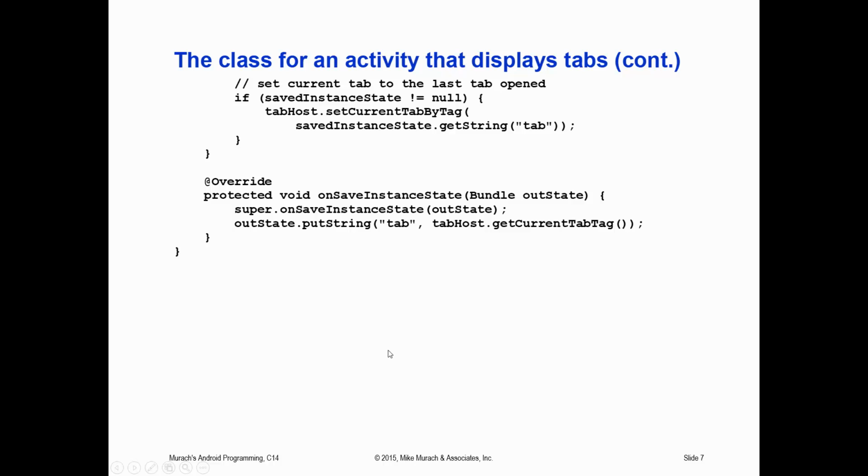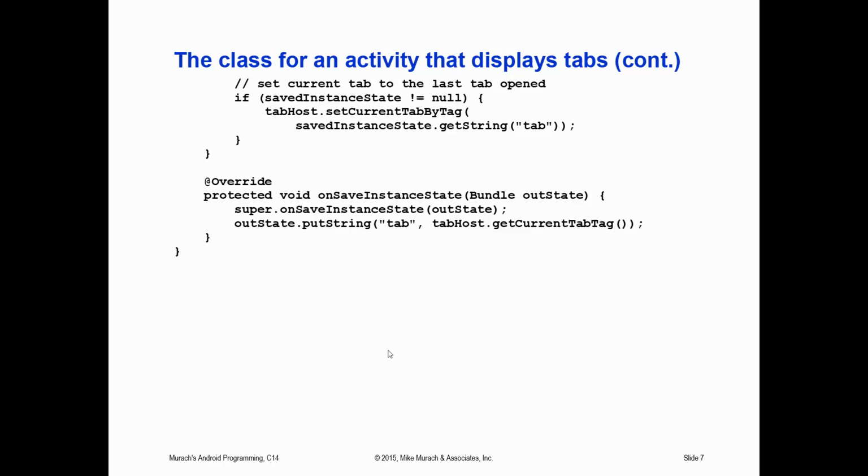After it loops through all this, it checks to see whether the bundle object that's passed to it is not null. And if so, the code gets the name of the current tab's tag from the bundle object and sets the current tab to that tag. Finally, we've got an onSaveInstanceState method that begins by passing the bundle object to the onSaveInstanceState superclass.